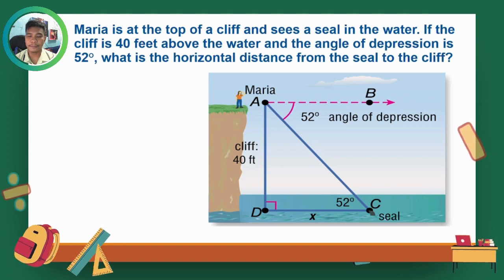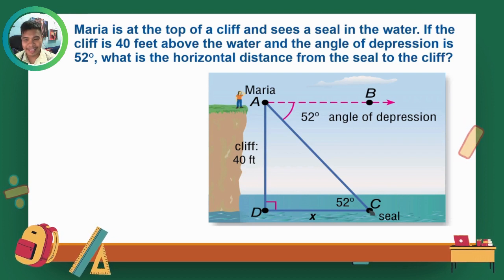As you can see, the 52 degrees here is opposite the height of the cliff, which is 40 feet. And we are looking for the horizontal distance of the seal from point C to the cliff. So from the reference angle given by the 52 degrees, the height of the cliff, which is 40 feet, is opposite from the reference angle.